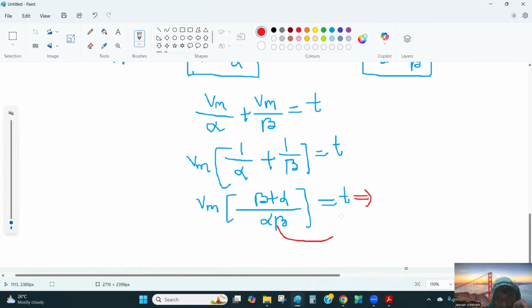If you send this to this side, because I need Vm, Vm should be alone on one side, right? So if you send this quantity to the other side, it is going to become reciprocal.